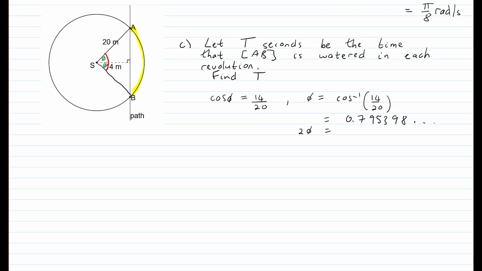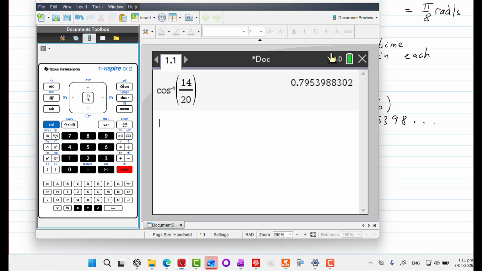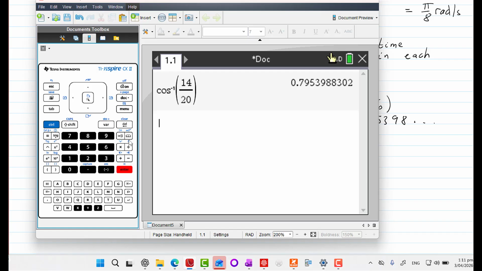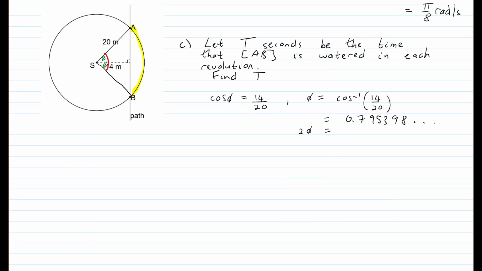So we'll just multiply that by 2. And we get 1.59079 and so on. Okay, so write that down: 1.59079. So that is our angle 2 theta.